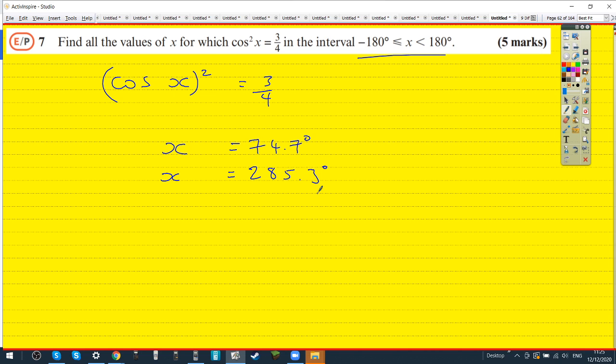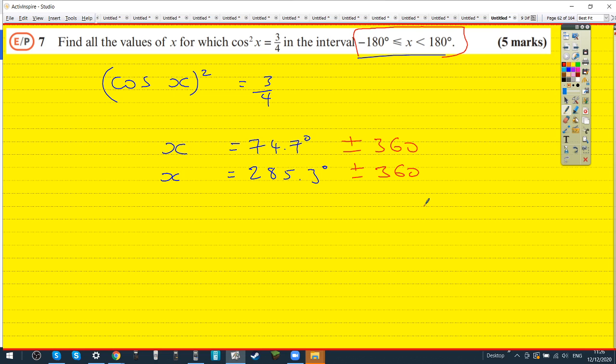So these are our two answers, and so these ones, plus or minus 360. You can add 360, you can subtract 360, and you want to get an answer in this range. So if you did 285.3 plus 360, that's definitely going to be outside the range.